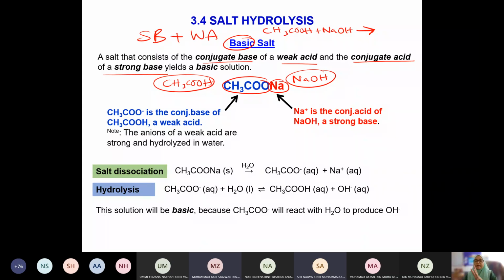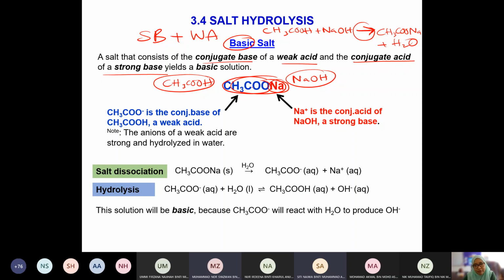So far there are three: strong acid, strong base, salt dissociation, and also the reaction between acid and base. You need to use the one-direction arrow. It will produce CH3COONa plus H2O. This is the salt produced from these two, the acid and the base.